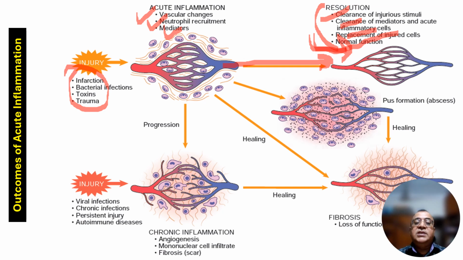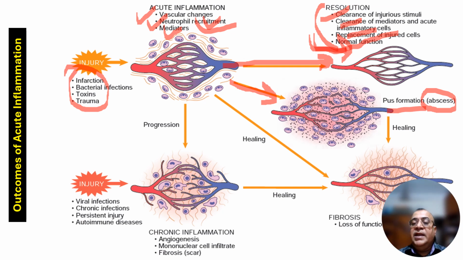Or if the injury and inflammation undergo liquefactive necrosis, it may result in pus formation that is seen as an abscess, a localized collection of pus in a cavity that is lined by a pyogenic membrane.